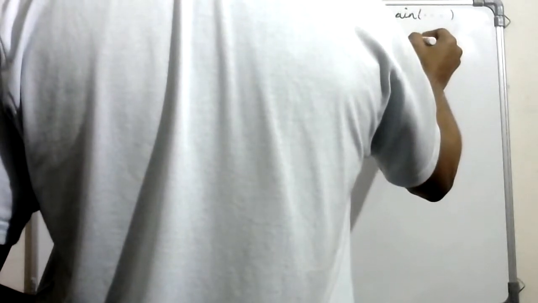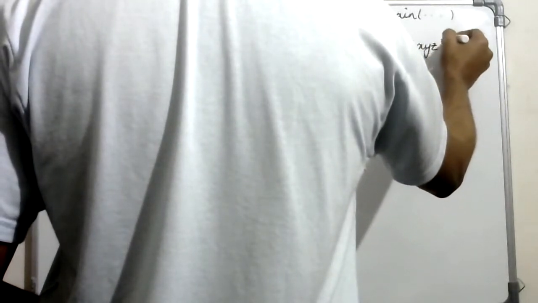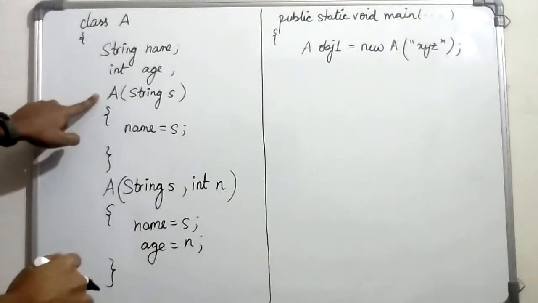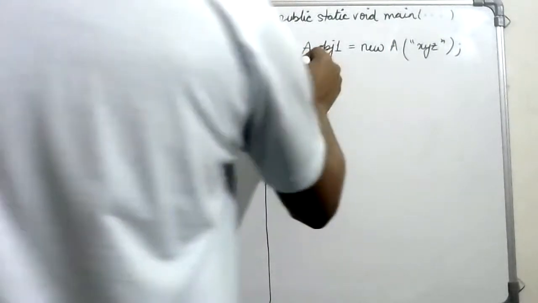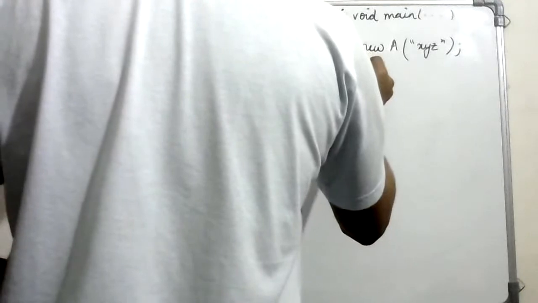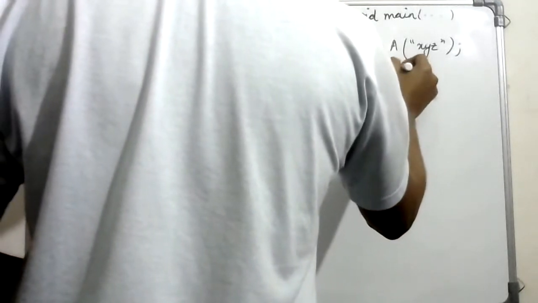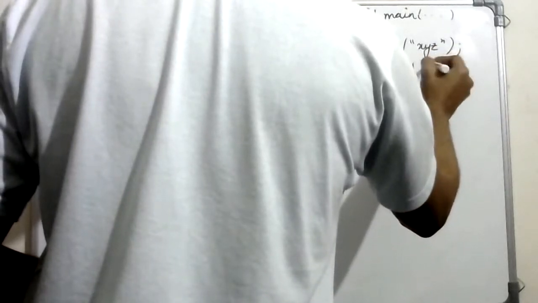And we just make a call to the first constructor type. So for the first object we call the first constructor. For the second object we call the second type of constructor.